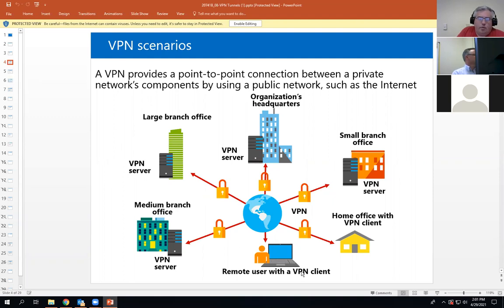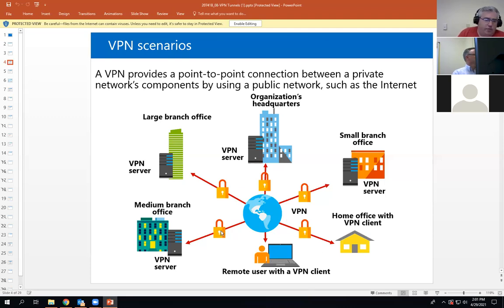So you can have a remote user with a VPN client on their computer, and they can go from an insecure network such as Wi-Fi, like a coffee shop or McDonald's or something like that, and you can VPN into a server at a branch office or a headquarters or a different server someplace else securely. So you can actually access data within these networks in an encrypted manner securely. That's one way of doing VPN.